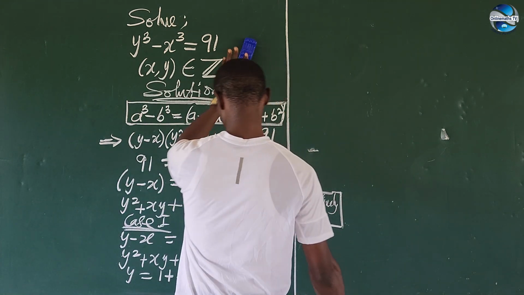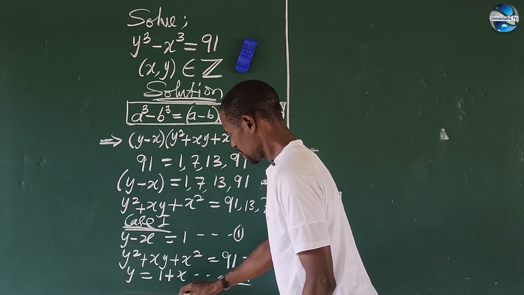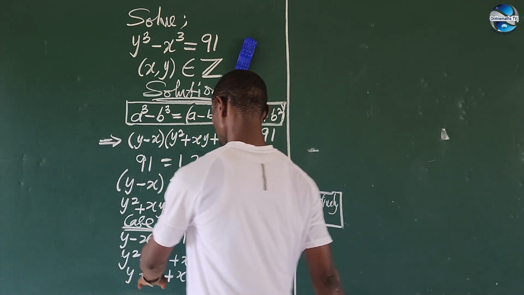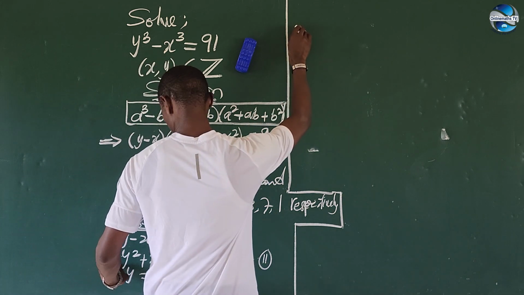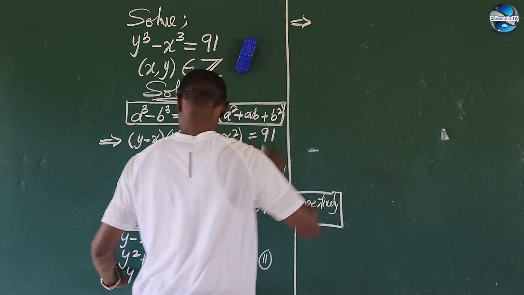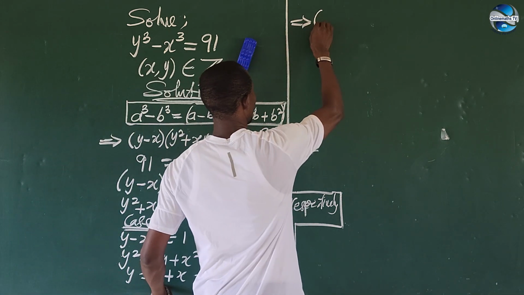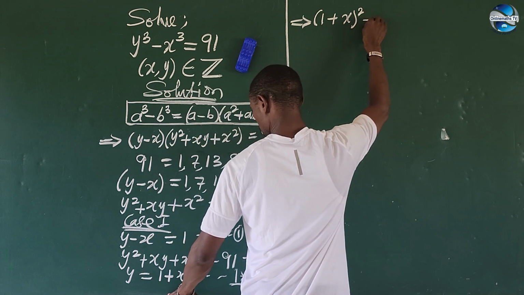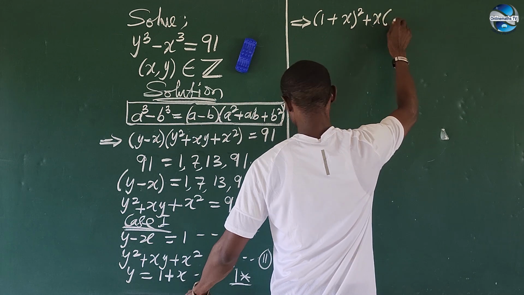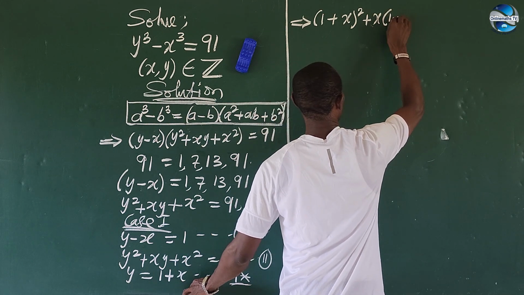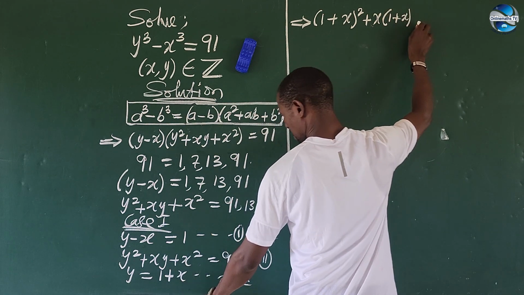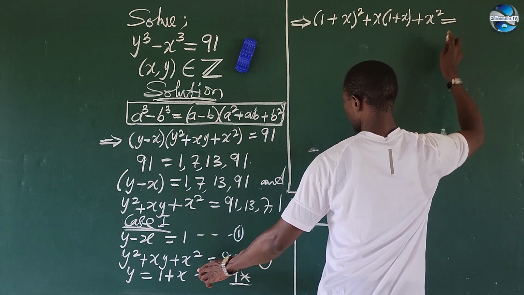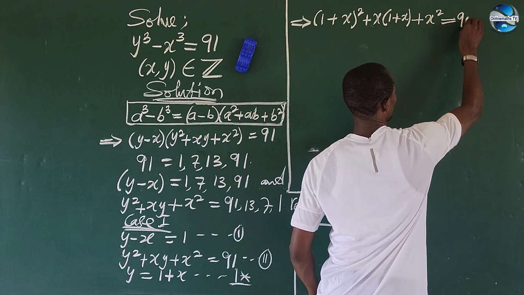All right, so we want to put equation 1 star into equation 2. Wherever we see y, let's put in this expression. So this now implies (1 plus x) all to the power of 2, plus x times (1 plus x), plus x squared, everything equal to 91.